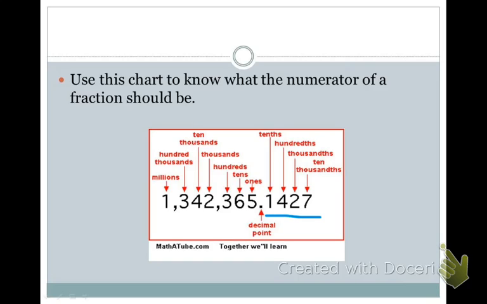I'm not so concerned about the other side here. These values that are to the left of the decimal, we're not going to mess with those too much. They don't really have as much to do with what we're working on here with converting decimals to fractions. So the first place value after the decimal is always called the tenths place. And then the next place value is called the hundredths, and then the thousandths.